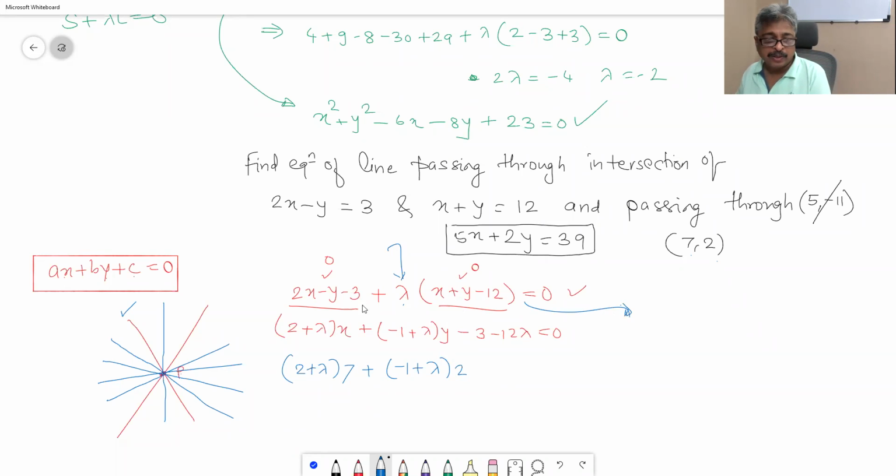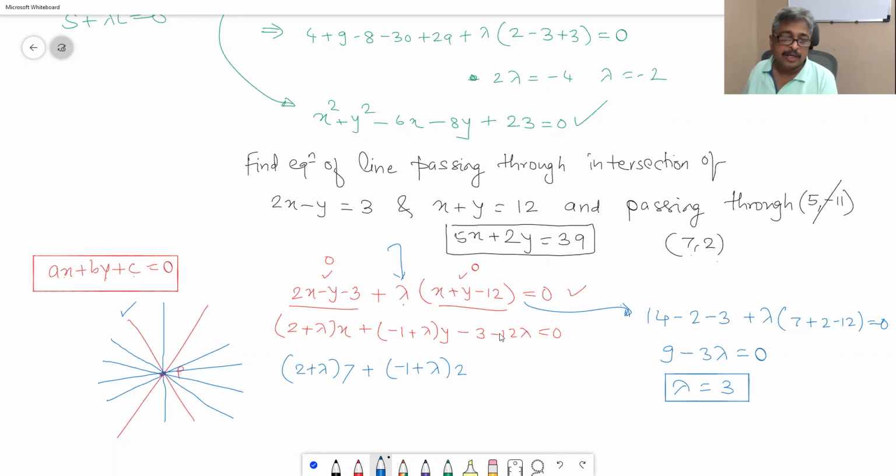Let us put it. 2 into 7, 14 minus 2 minus 3 plus lambda times 7 plus 2 minus 12 is equal to 0. That gives us 9 plus 9 minus 12 lambda... 12 minus 3 lambda. Lambda is equal to 3.